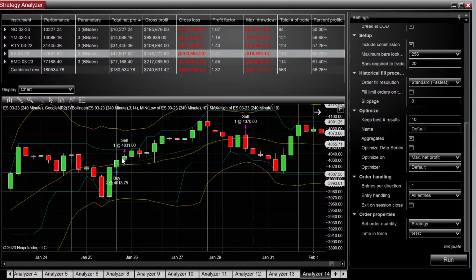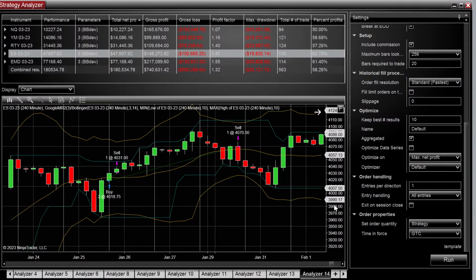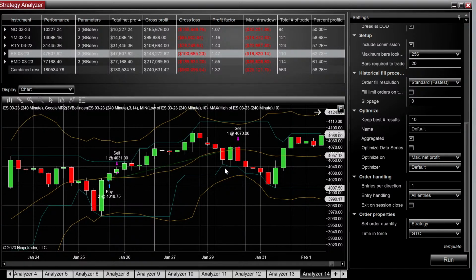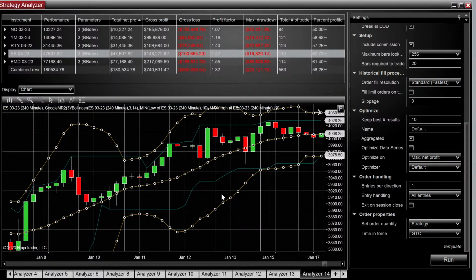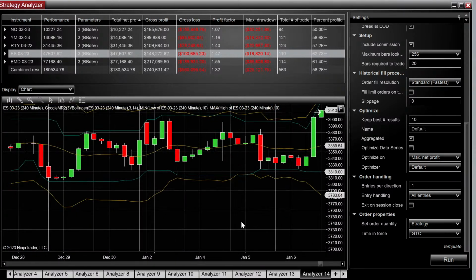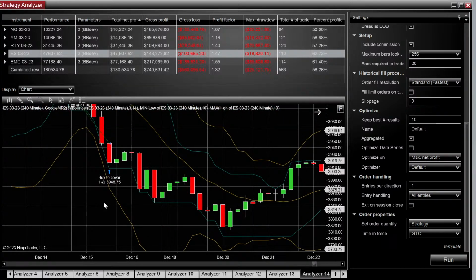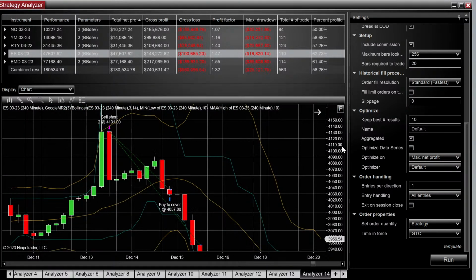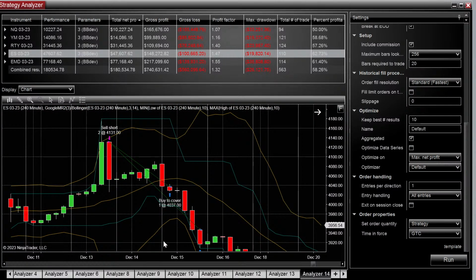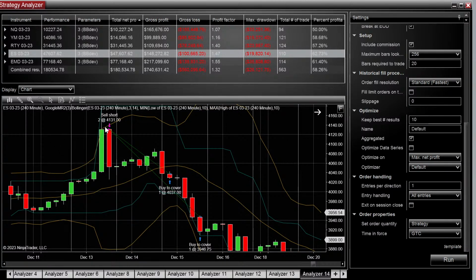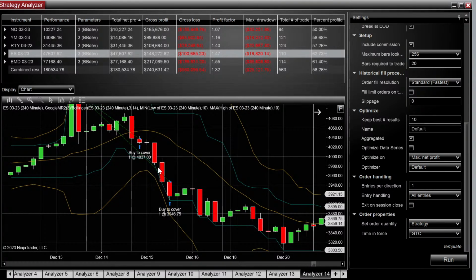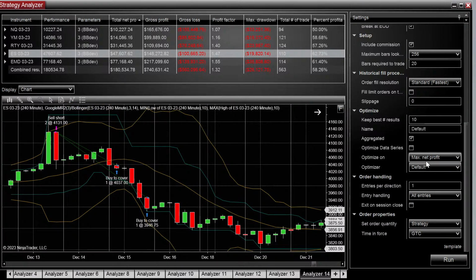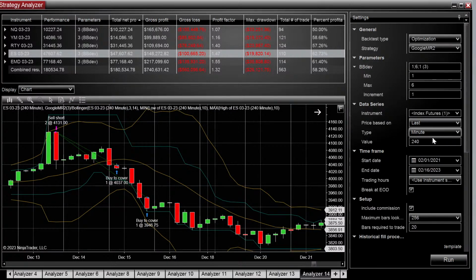Crossed over the midline, broke a low, got out. Here's a nice wick, cross the midline, close half, went below the previous band. Okay, so it seems to be operating correctly.